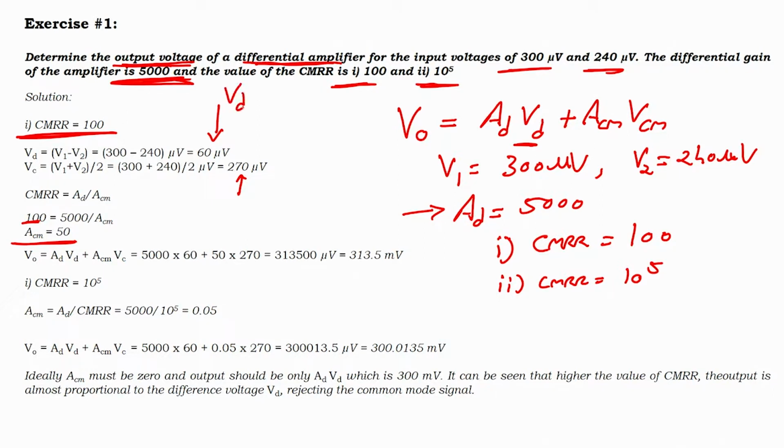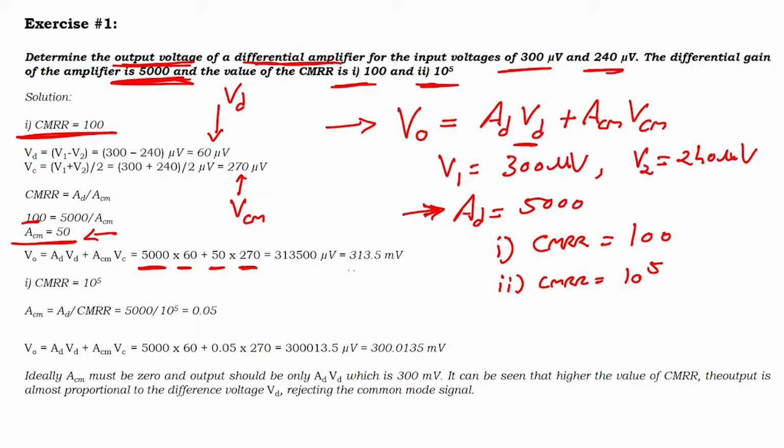So, now what do we know? We know VD, we know VC, we know ACM, right. So, let us substitute the values in VO. VO will be AD VD plus ACM VC. AD is 5000, given here, then 60 is my VD, plus my ACM is 50, and my VC is 270, right.